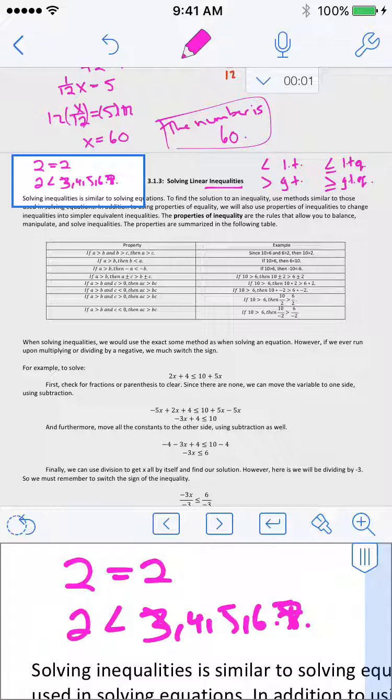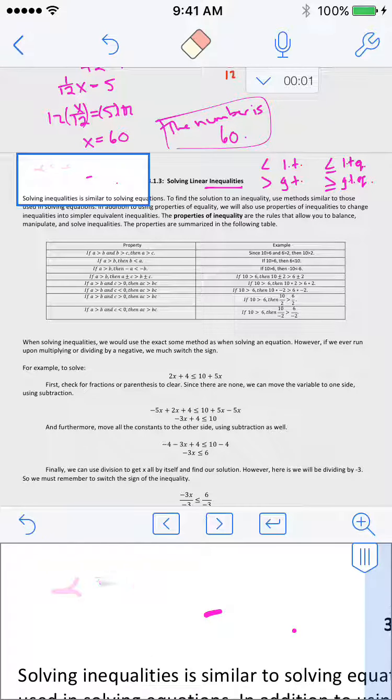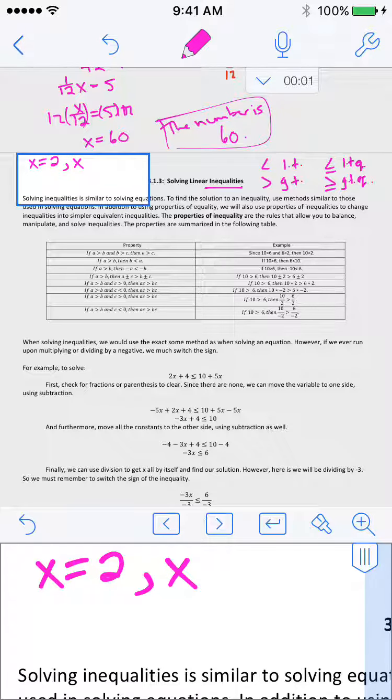As long as you keep the inequality sign, you don't need to list them out. You can just say that x is greater than 2, or 2 is less than x. But notice, as I mentioned before in an earlier video, that is going to affect the symmetric property. So x equals 2 is definitely the same thing as 2 equals x.